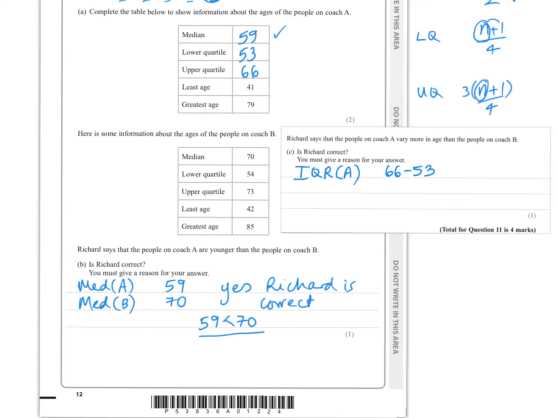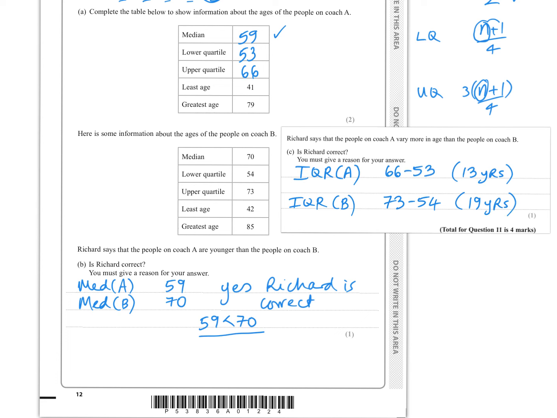It's the difference between the upper and lower quartile, and so that would be 13 years. And the interquartile range for coach B would be 73 to 54, which is a difference of 19 years.